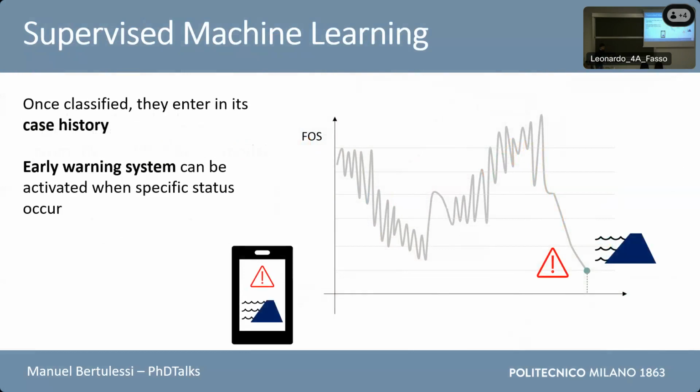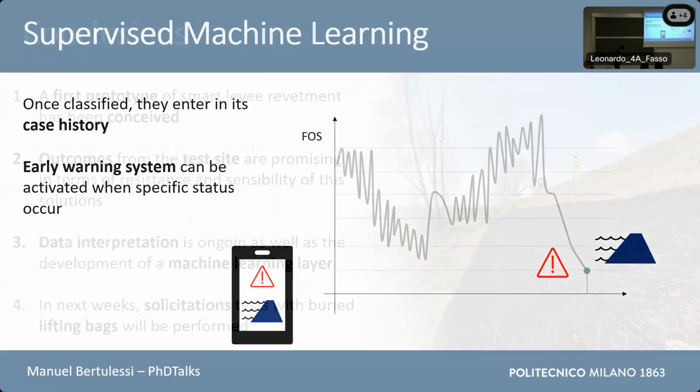This never experienced status can come from the observation evidence, or from a synthetic simulation of it. And then lastly, we can implement our early warning system that can be activated when a specific status occurs. So this is the ongoing part of my work.